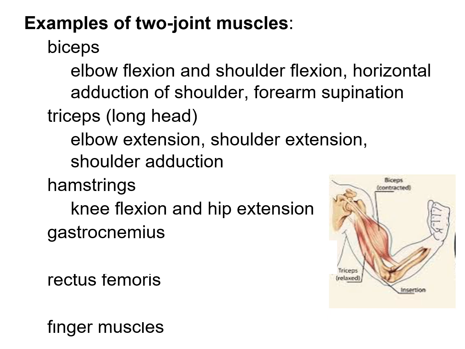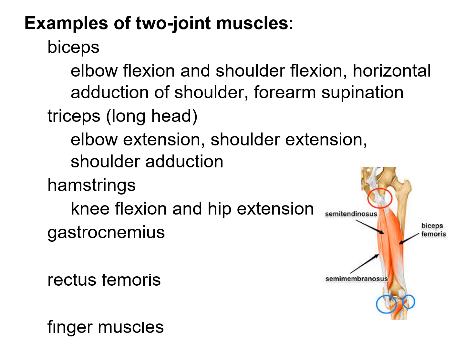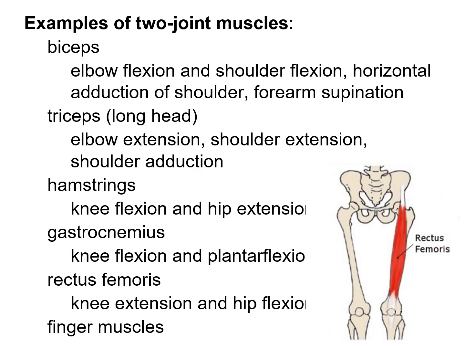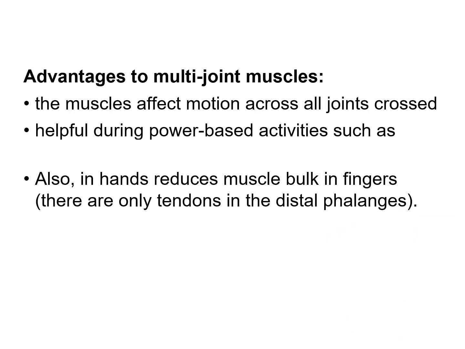We talked about our hamstrings with knee flexion and hip extension. We talked about our gastrocnemius. We talked about the rectus femoris and our finger muscles. Oops, I went back a little bit too far there. But our finger muscles, I'll just take it from here.